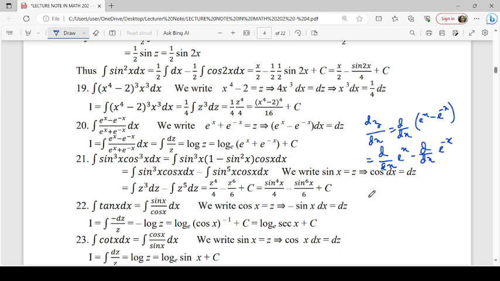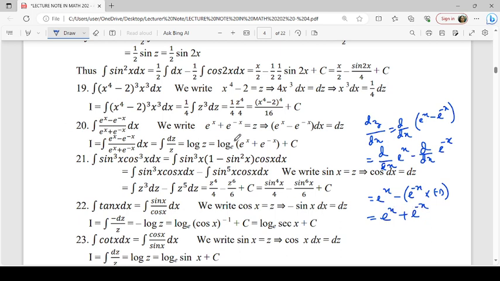So dz by dx is d by dx of e to the power x plus e to the power minus x, one by one I am doing. So d by dx of e to the power x is e to the power x, and d by dx of e to the power minus x is e to the power minus x into d by dx of minus x, which is minus 1 by chain rule. So minus minus plus, and this becomes e to the power x plus e to the power minus x.